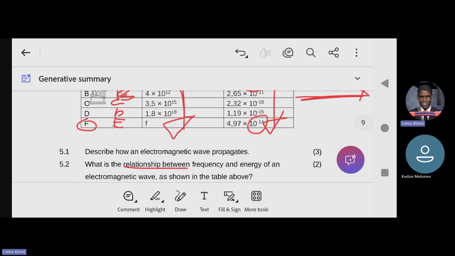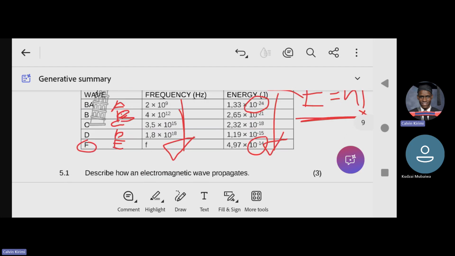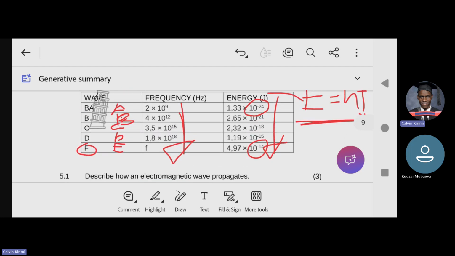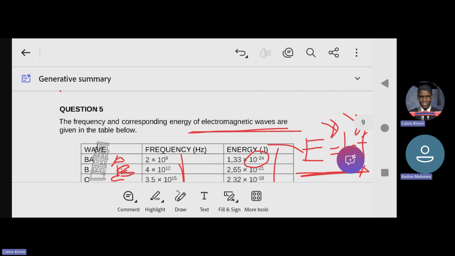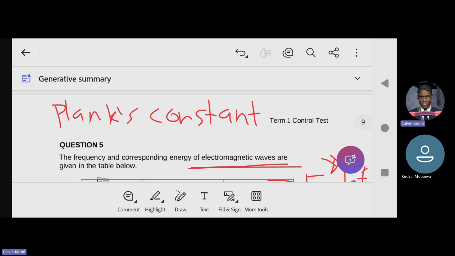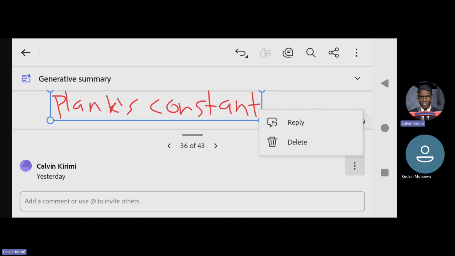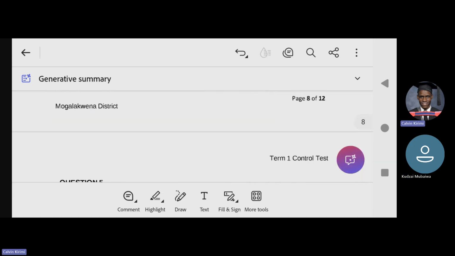What is the frequency of the wave? So you have your energy. Now it's a matter of playing around with the formula. What is your energy? Energy is equal to hf. So first you write E equals hf. That is the first point. So you write your formula.